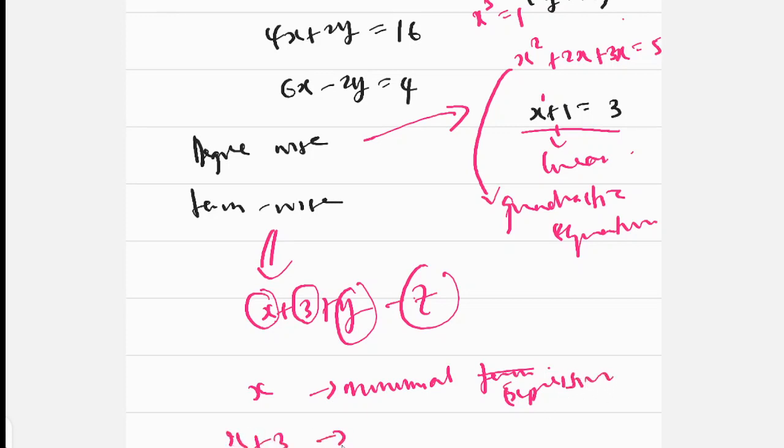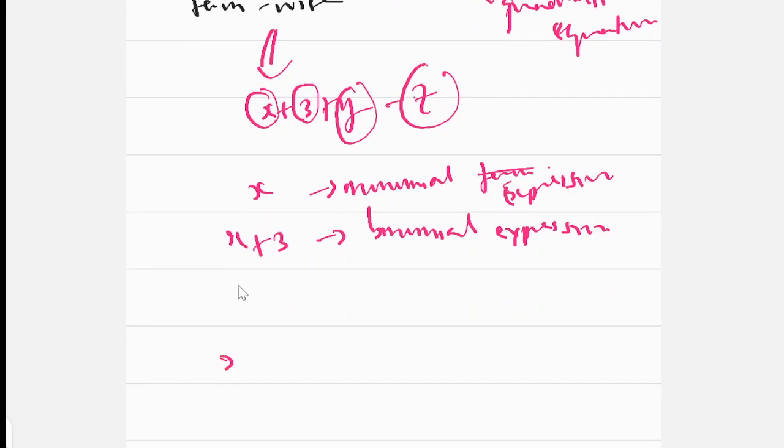This expression has how many terms? 2 terms. So a 2-term expression is known as a binomial expression. When you have a 3-term expression, this has how many terms? 1, 2, 3. Then we call it a trinomial expression. I hope you understand now.